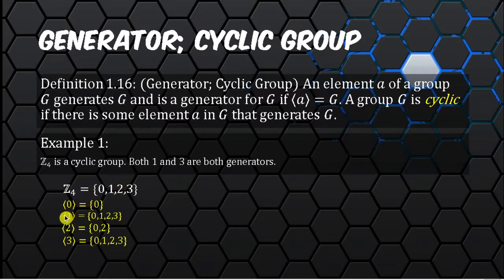Pag titignan natin yung subgroup na generated by 1, it's the same set, 0, 1, 2, 3, which is exactly the same as the group. Ganun din kay subgroup generated by 3. And for that reason, because these subgroups exist, then Z sub 4 under addition modulo 4 is an example of a cyclic group.